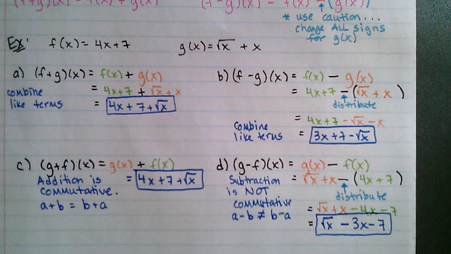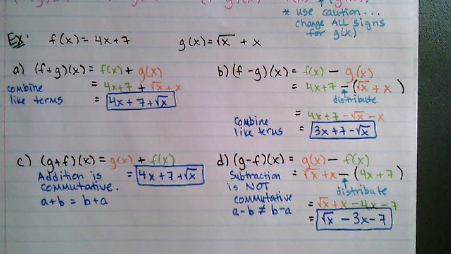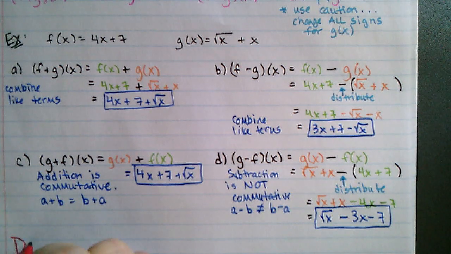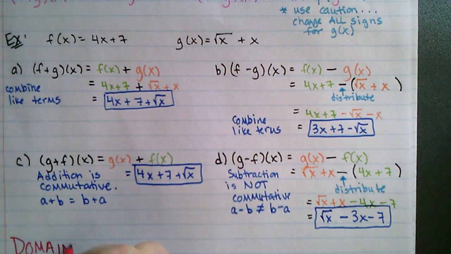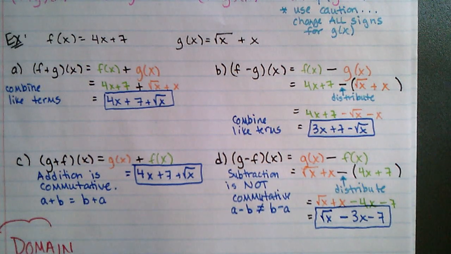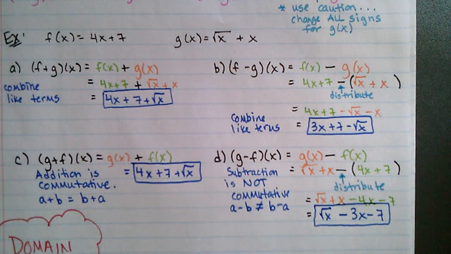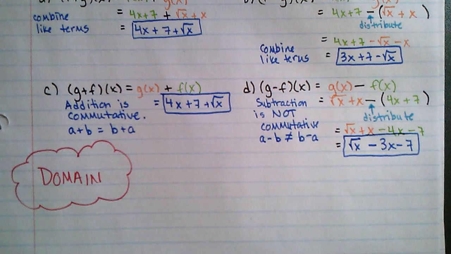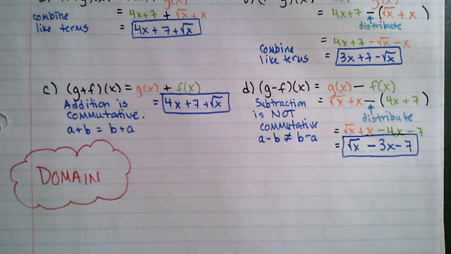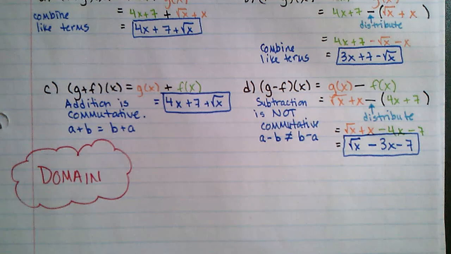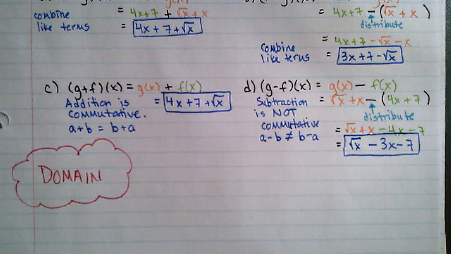Domain is kind of a big topic that we will keep talking about for the rest of the year and in your next math class, whatever that may be. So domain. The domain is all of the x values that will work in a function.